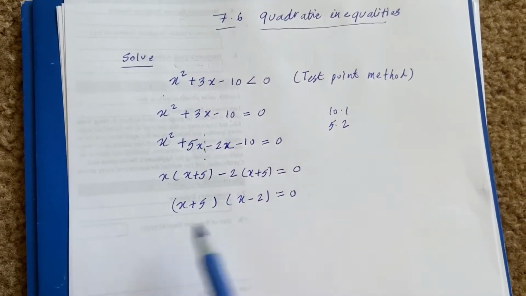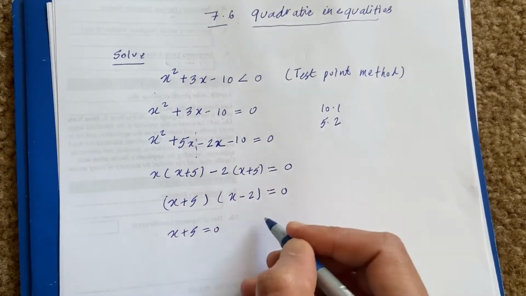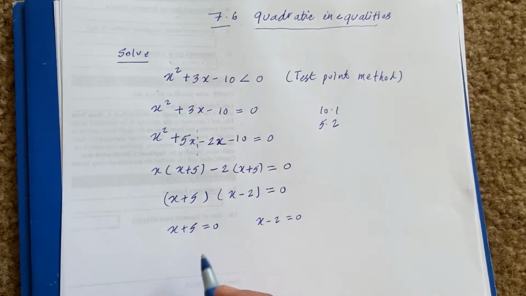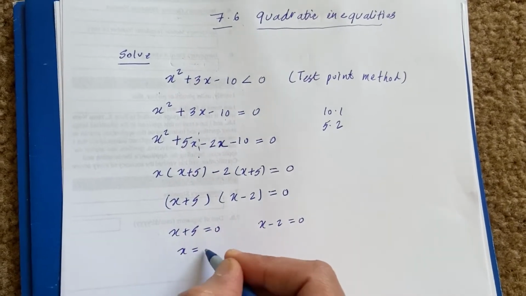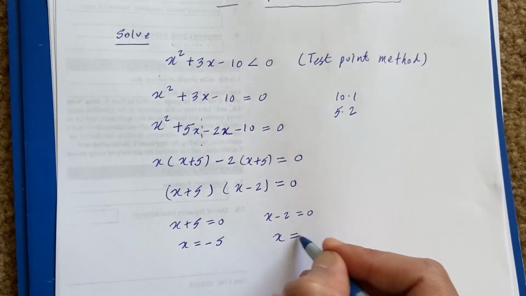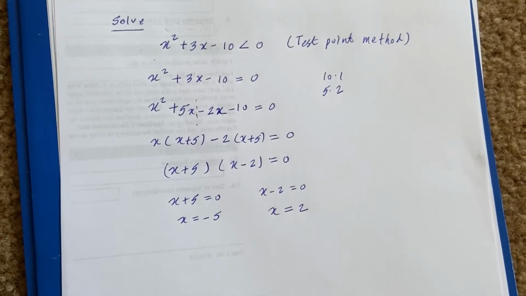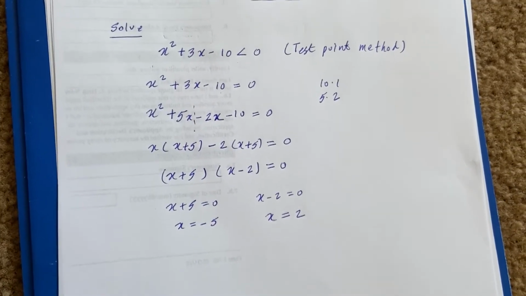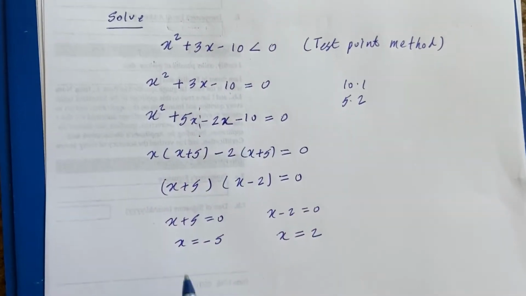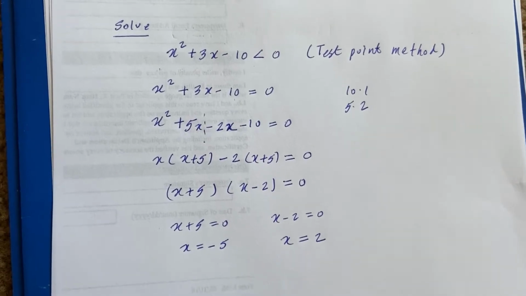So now I can say either x plus 5 equals 0 or x minus 2 equals 0. From this, I get x equals negative 5 and x equals positive 2, right? So that means we got the values of x if it is equal. We get x equals negative 5 and x equals positive 2.